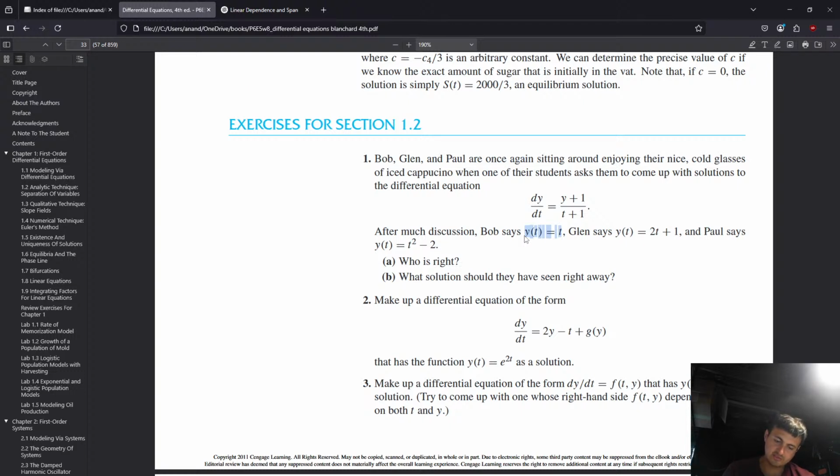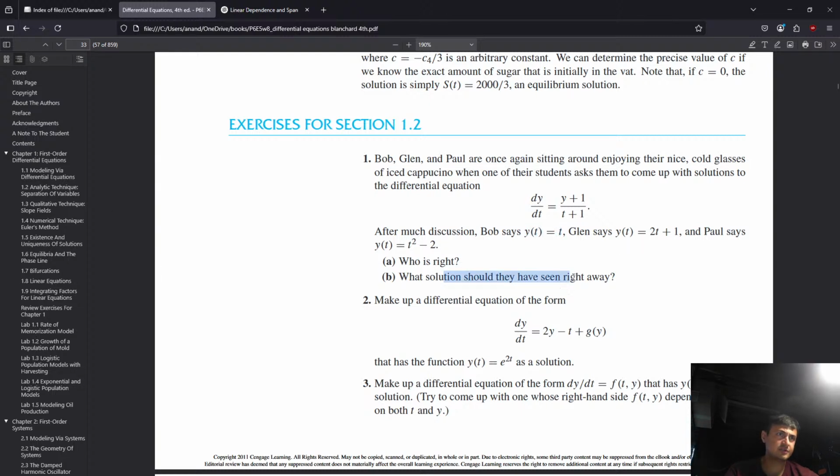Over t plus 1, we can cancel, so we get t minus 1. Or wait, no, this is dy dt. And no, I'm pretty sure Bob and Glenn are right, Paul is wrong.